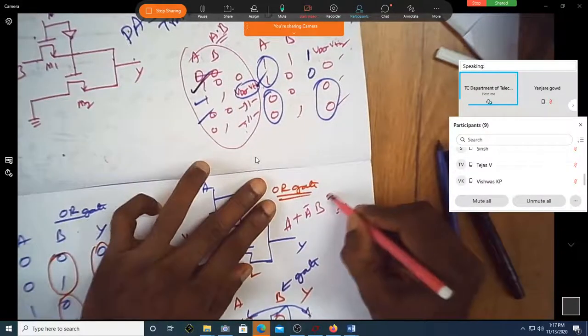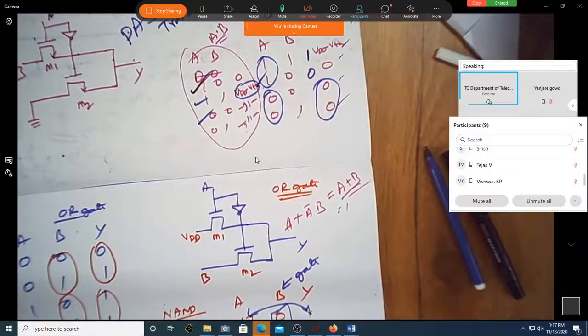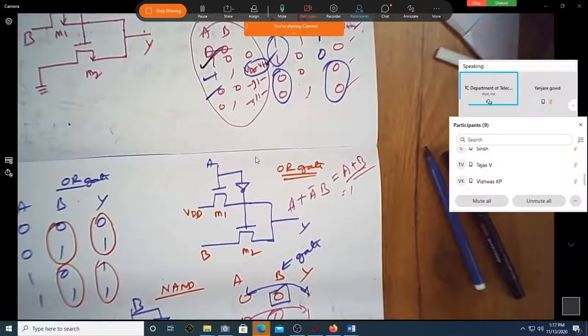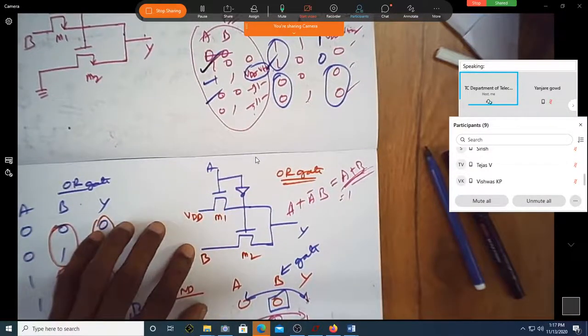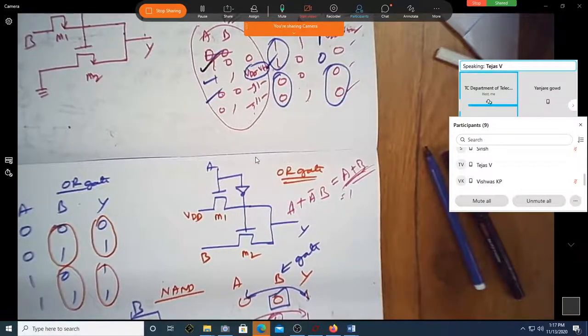Because you cannot so easily represent this as A plus B, no? Can you write this A plus A bar B as A plus B? According to De Morgan's laws, this is A plus B. Am I correct? Because that's what you are getting. Yes, sir.